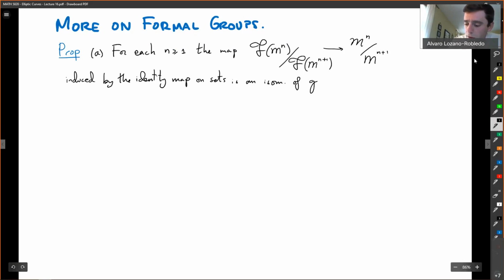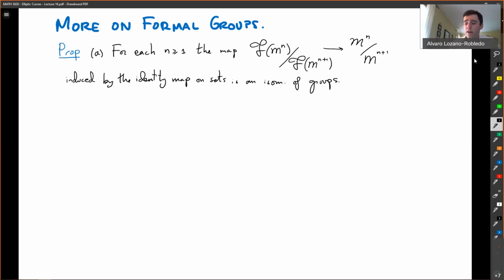So this is meant to give you an idea of what's happening at the level of the formal group, what kind of a structure is there as you raise powers of the maximal ideal.